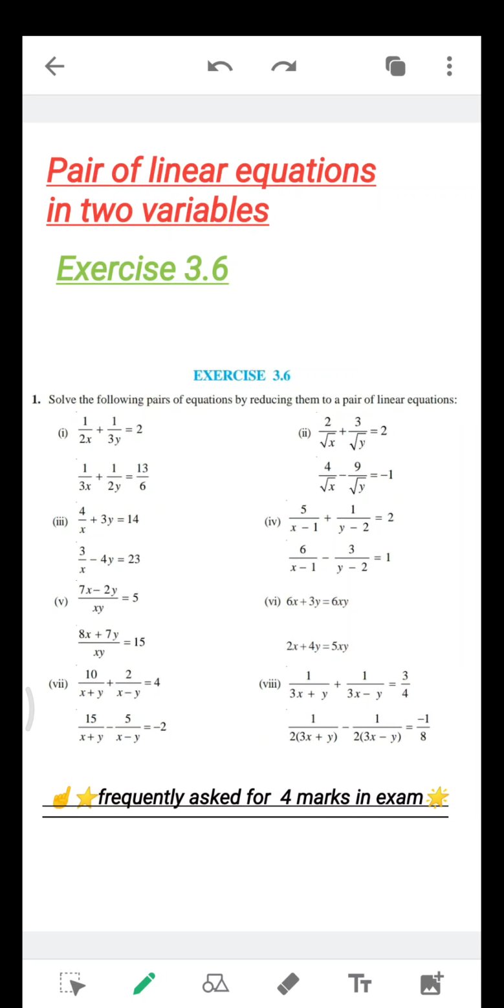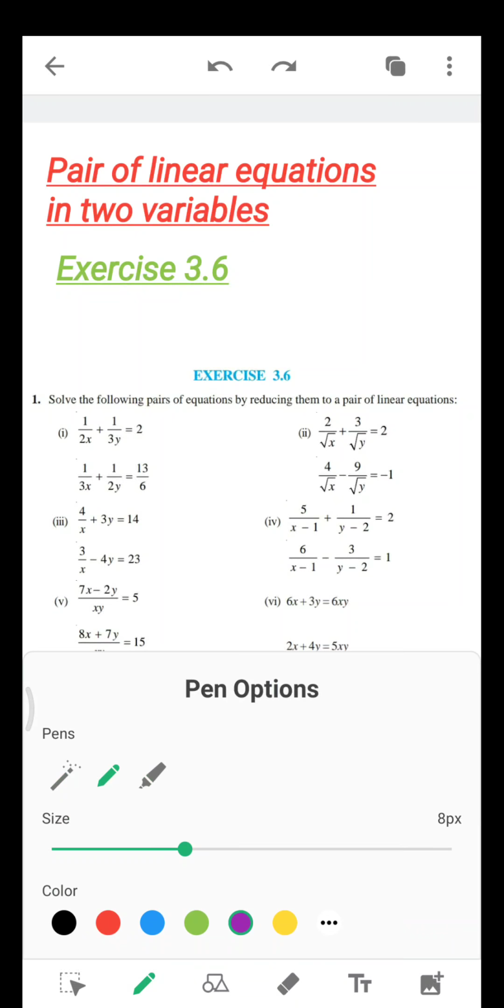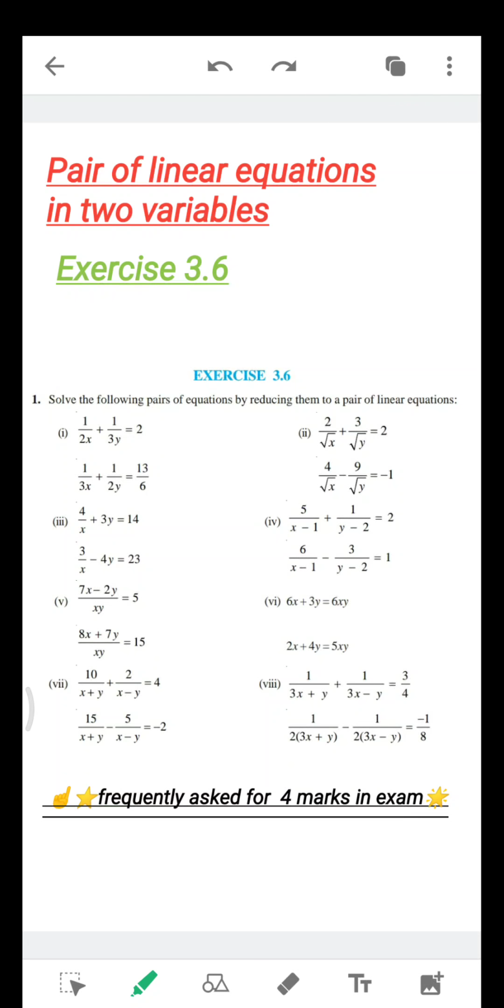Okay, we have to reduce them to a pair of linear equations. That means they are not linear equations because the variable is in the denominator. Okay, we never got questions like these previously. In previous exercises the variables were in the numerator, like x plus y is equal to 5.